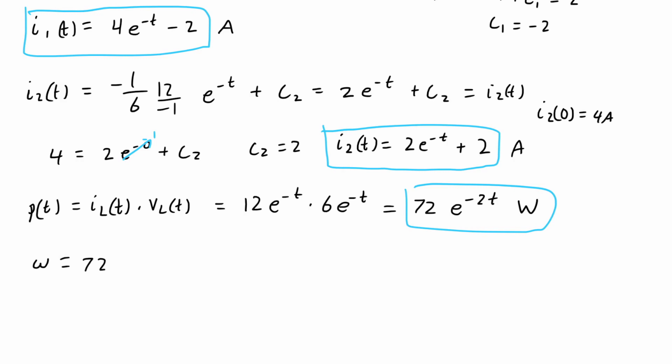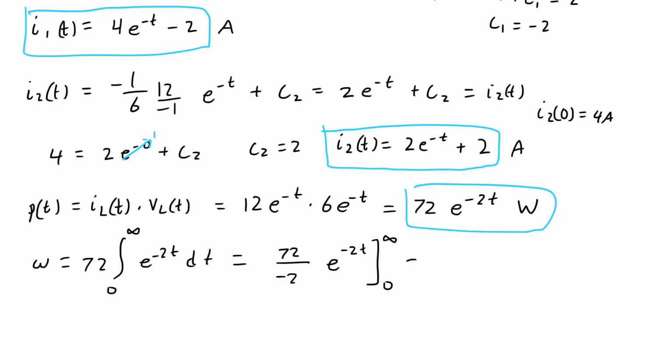So 72, and we're going to integrate from time 0 to infinity, e to the minus 2t dt, which is going to be 72 over minus 2, and then e to the minus 2t, evaluated from infinity to 0. At infinity, it's going to tend to 0, and at 0, it's going to become 1.